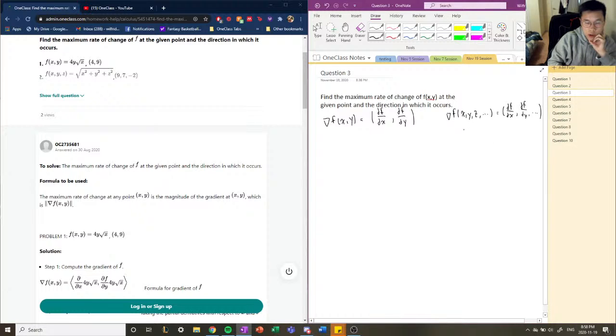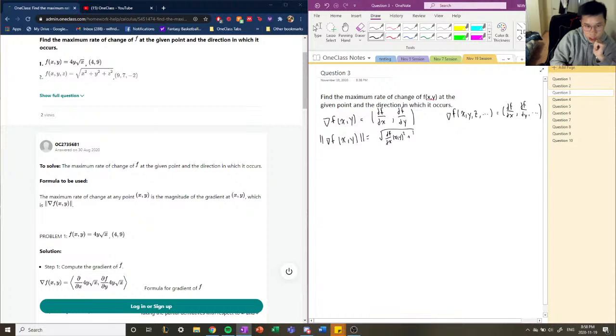So what they're asking us to do is find the gradient and plug in the points, and it is a known fact that the maximum rate of change is the magnitude of the gradient. The magnitude of the gradient can be seen as this equation here.